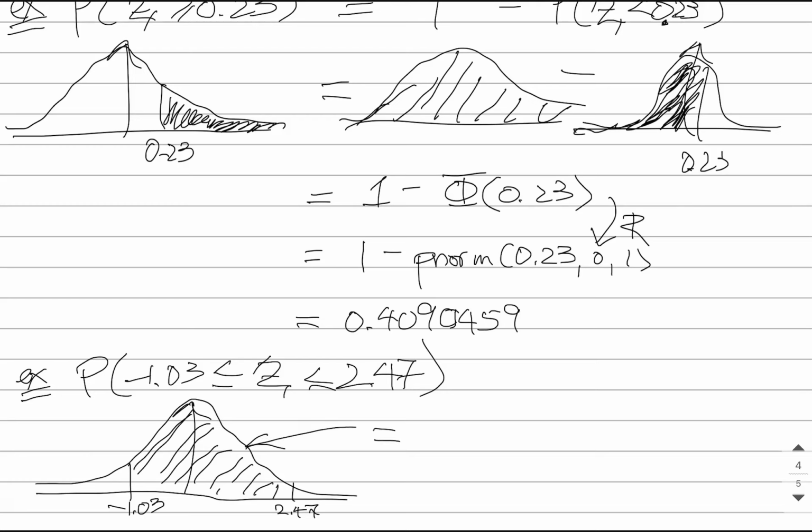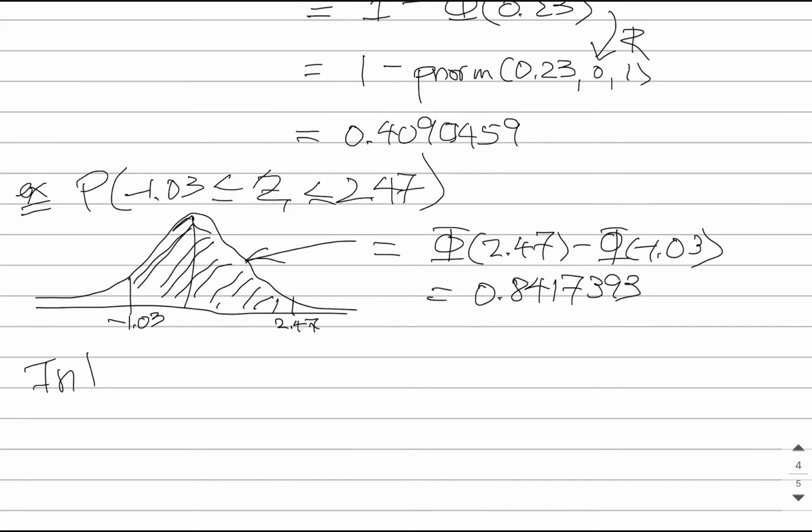In this case, we would simply go the CDF at 2.47 minus the CDF at negative 1.03. Calculating this, we'll end up getting another pile of numbers.